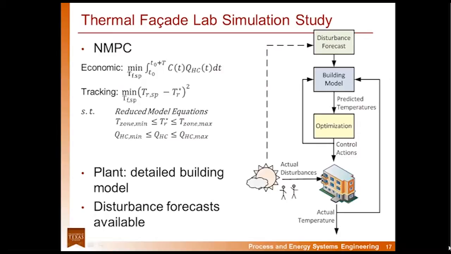Again, the model that we're using is the reduced model for the intermediate dynamics. And this model should be non-stiff, and there's also only 2 states associated with it, instead of having to consider the temperatures for everywhere within the thermal facade lab model. So this also reduces the complexity for the optimization.